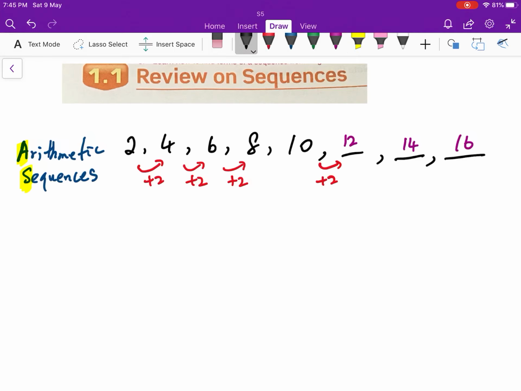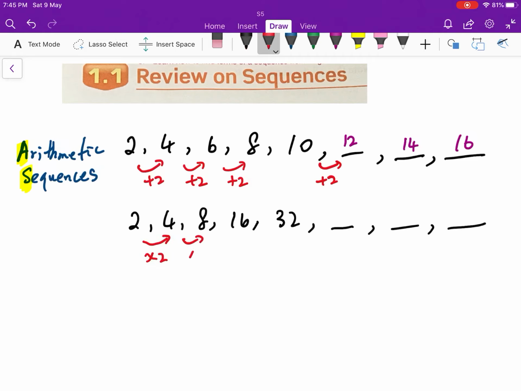So besides this, what other kind of sequence will we have? Maybe we will have 2, 4, 8, 16, 32. Okay, guess what is the property of those numbers? So you may find out again, every one of them is just times 2, then goes to the next number, right? So by this pattern, you will guess that the next one will be just times 2 again, okay?